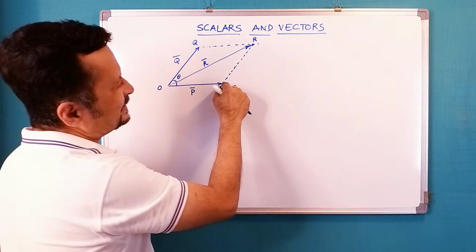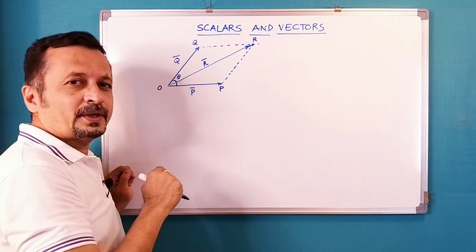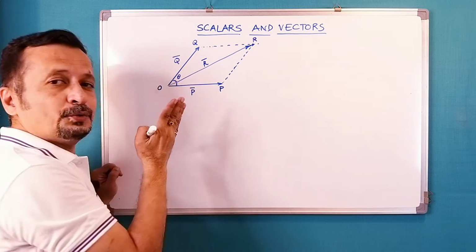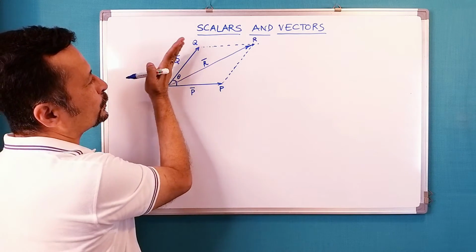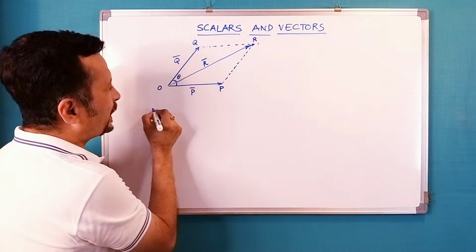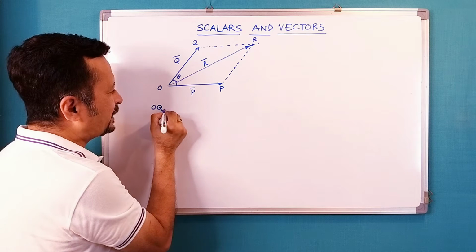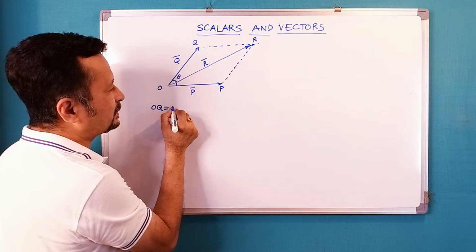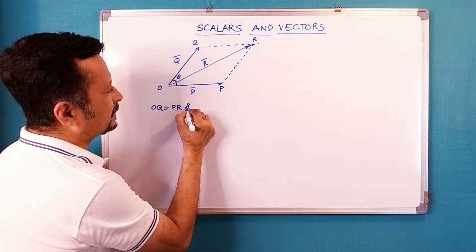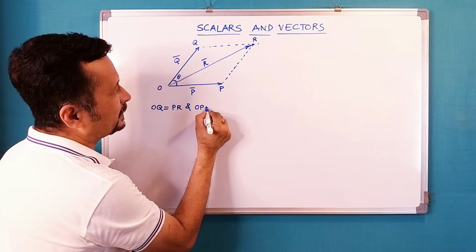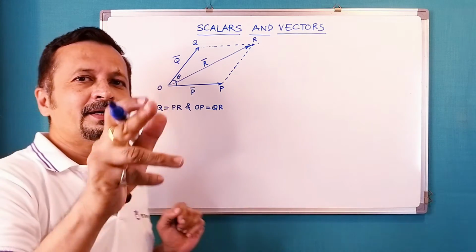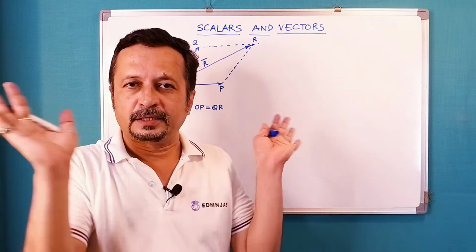Now this line PR, actually my vector OQ and PR, they are parallel. We know that length OQ is equal to length PR, correct, and length OP is equal to length QR. So what I basically did was complete a parallelogram.